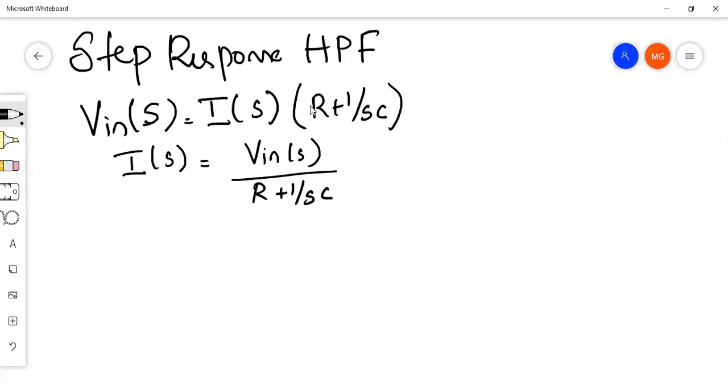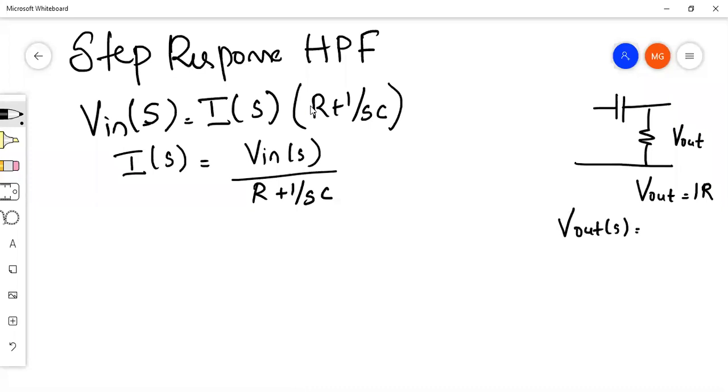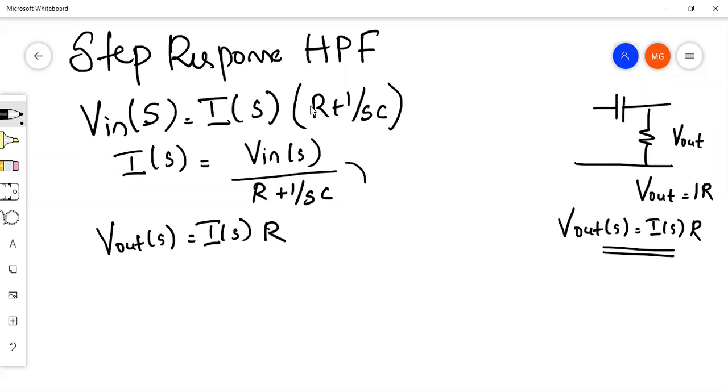Now I need to draw that circuit here. This is the circuit. From here I am taking the output voltage. So I can write the output voltage equation as I into R. Taking the Laplace transform, I can get V out of S equal I of S into R. Is this equation clear to you? So one more equation is there: V out of S equals I of S into R. I can substitute I of S in this equation.